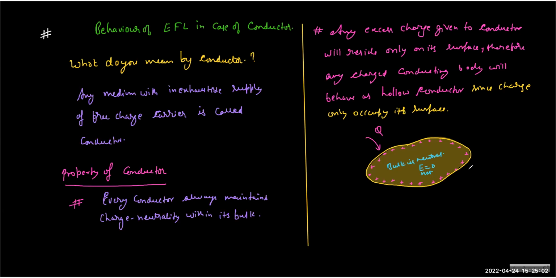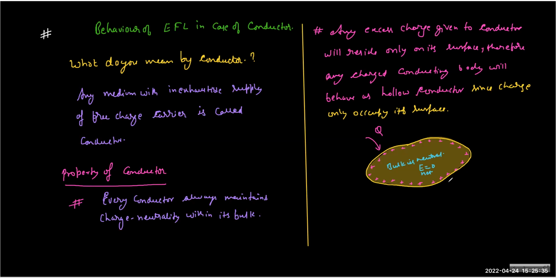The good thing about the conductor is that it will allow the charge to redistribute itself over the surface. So charge can move across the layer of the surface, and the movement will always happen in such a way as to make sure that the net field is zero within the conductor. So that's the first criterion. The net field is always zero within the conductor. Understood?